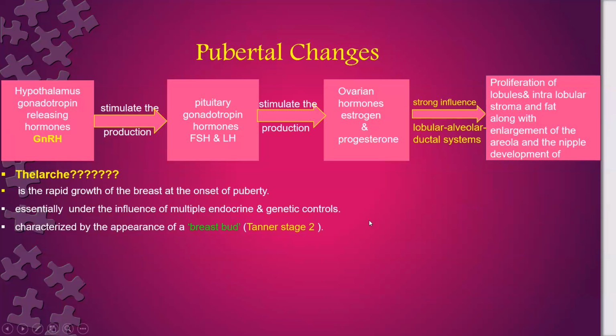So when you reassure the mother, you say this is the breast bud, and it is expected, because it is usually Tanner stage 2, and it is usually asymmetric, and at a certain age.